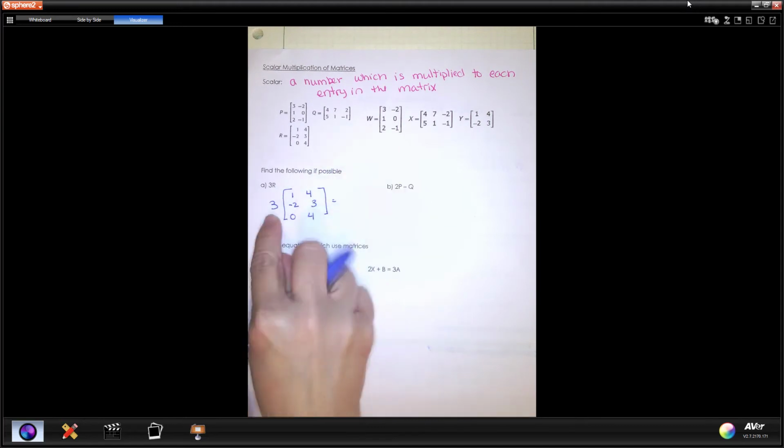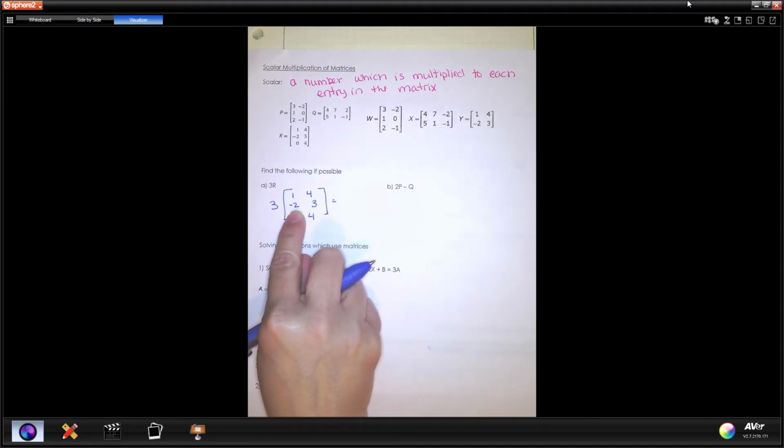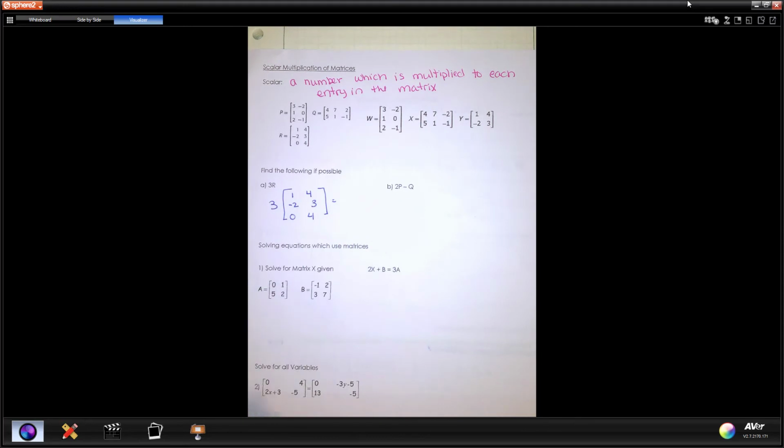And notice this is right next to that single row right there, that second row. When we were doing our row operations before spring break, that meant we only multiplied or only did that, whatever that operation was, to that row. Now, since this is a scalar, it now gets multiplied to everything.